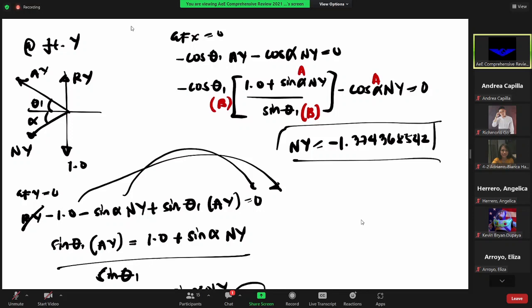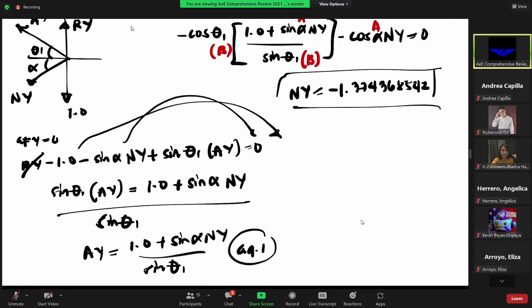So ano yung AY natin, no? Insert lang natin yung ating NY dito sa ating equation 1. Anong ating AY?